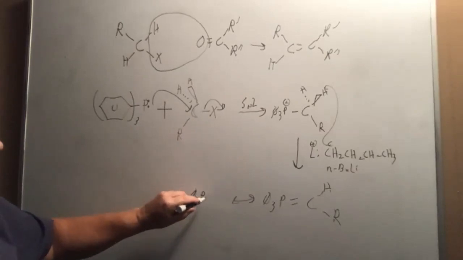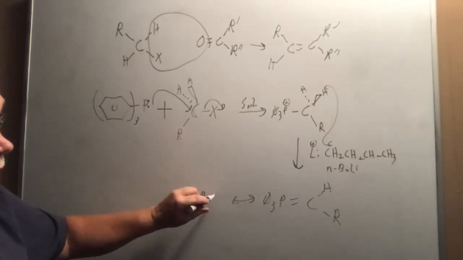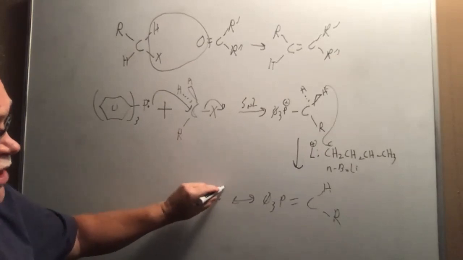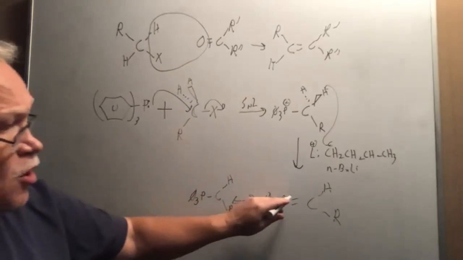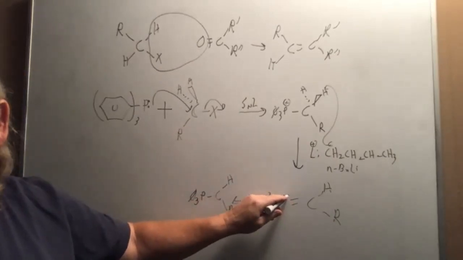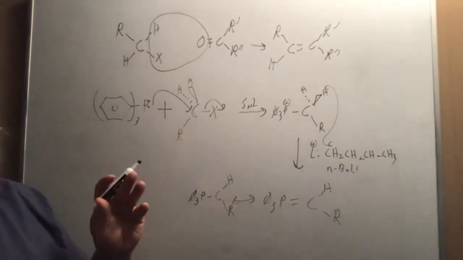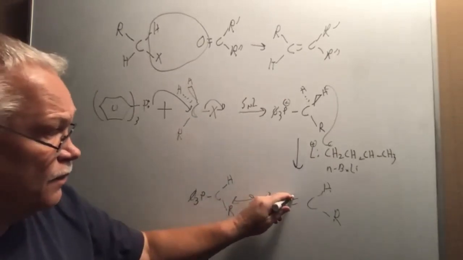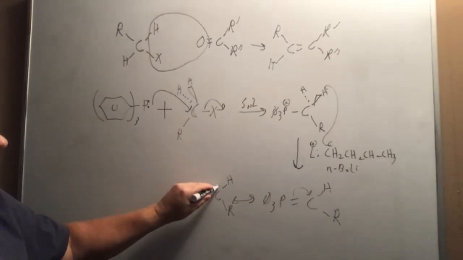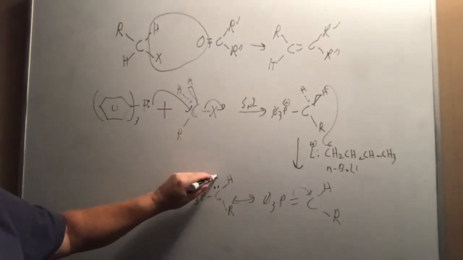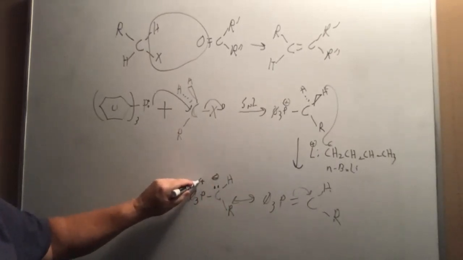Just pay attention because this is not hard. It all makes perfect sense if you take your time and follow it slowly. Moving this pair of electrons over to the carbon atom, we get a pair of electrons on the carbon, so the carbon becomes negative and this becomes positive.